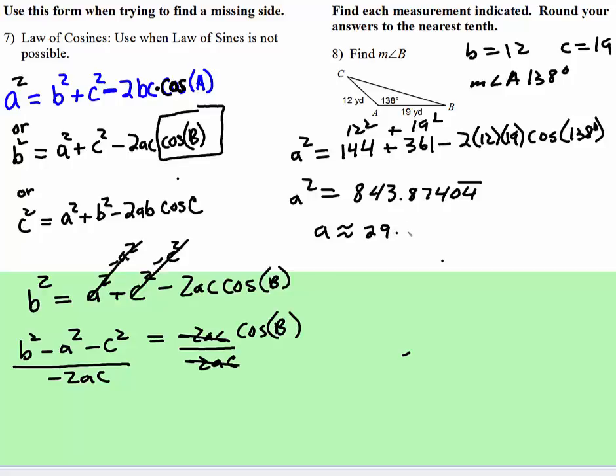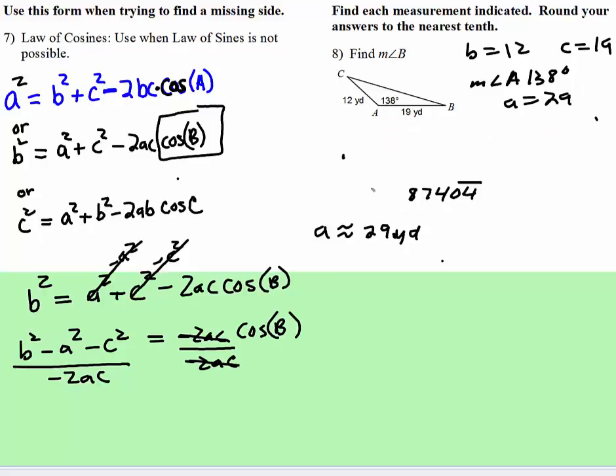I don't really like that, but that's okay. It's about 29 yards. So now that we know what A is, I'm going to put A is equal to 29.